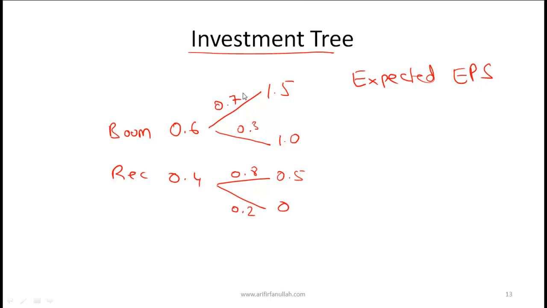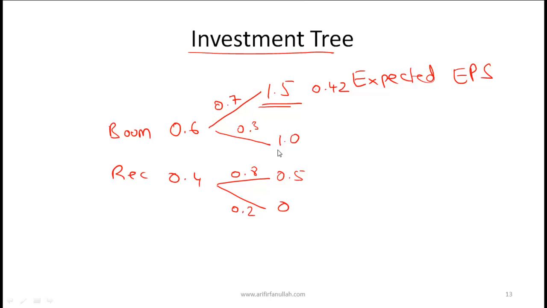The way you do that is you look at all these possible values for EPS and their probabilities. So what's the probability of EPS being 1.5? That is 0.6, which is the probability of a boom, times 0.7. So the probability is 0.42.